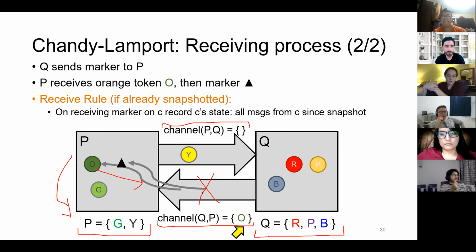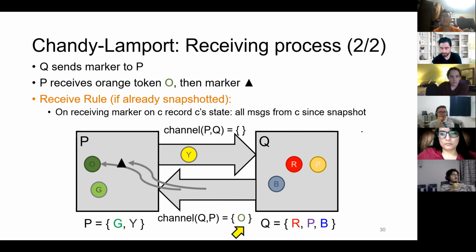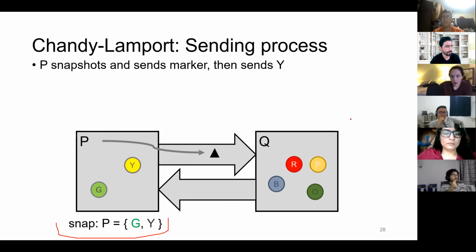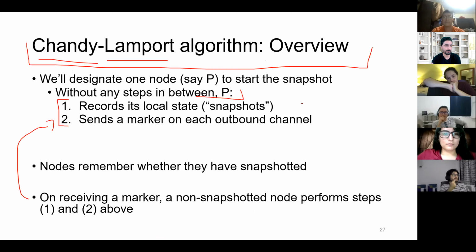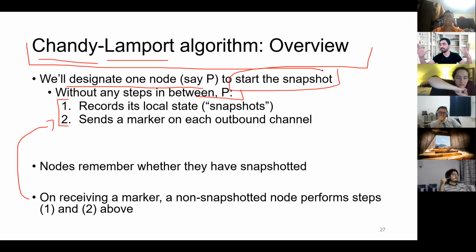Not exactly. When the snapshot starts in process P, in that moment, do we have to have a listener or buffer for the channel QP? No. At the beginning, you don't need to. We designate one node, no matter which one, P or Q, to start the snapshot. If you have thousands of nodes, assign one of them to take the snapshot.